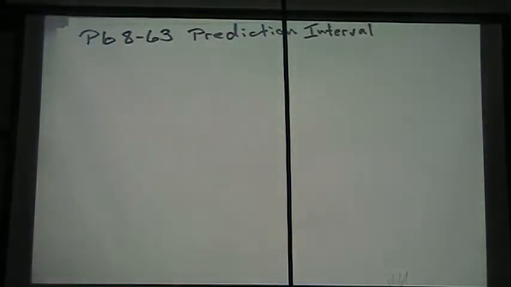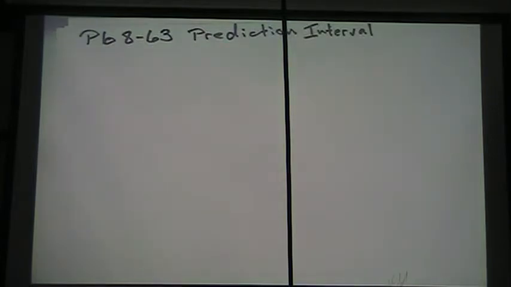This time I'll write prediction interval across the top. Sometimes I wish I had editing and everything so that when I make a little mistake, I could just keep going and redo that part. But oh well, that's life in the big city.